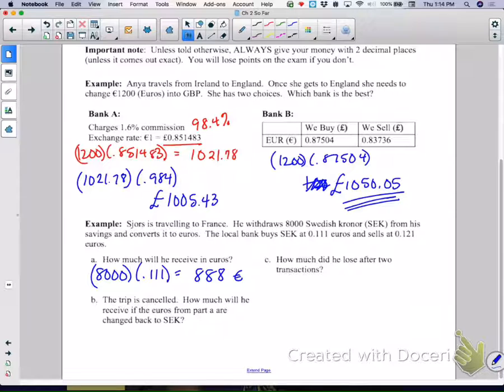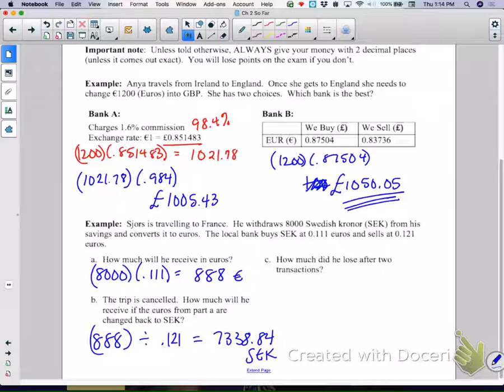So how much will he receive if he changes that amount back? So 888 euros. Now we're going to divide that by the selling rate, so 0.121, and that's going to be 7,338.84. And that's going to be in my Swedish kronor.